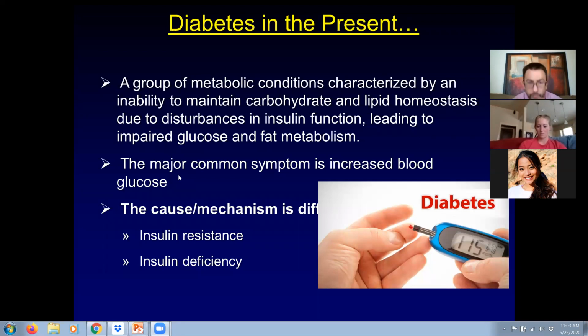So the thing to appreciate about diabetes and about glucose metabolism is that the body likes to maintain homeostasis, okay? And so it wants to hold the levels of certain things in your blood in a very, very narrow range, if at all possible, at all times, okay?